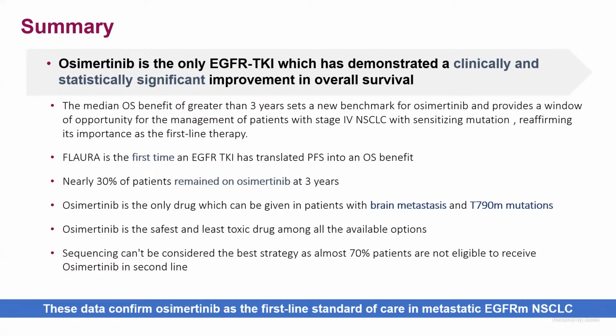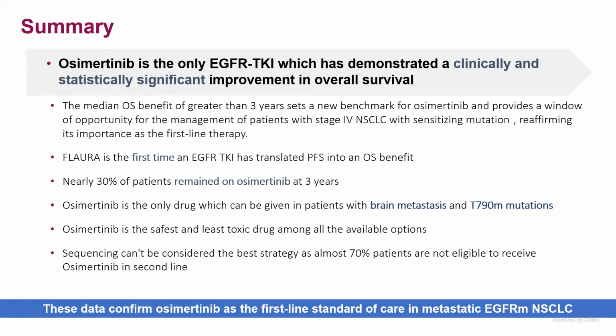FLAURA is the first time an EGFR TKI has translated PFS into OS benefit. Nearly 30% of the patients remained on osimertinib even at 3 years. Osimertinib is the only drug which can be given in patients with brain metastasis and T790M mutations. Osimertinib is the safest and least toxic drug among all the available options.